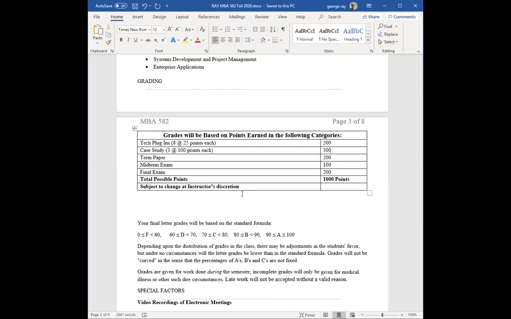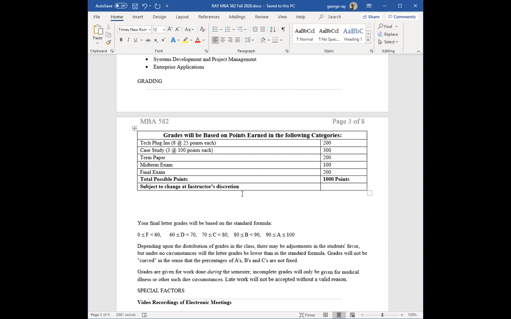With the case study category, we're going to analyze the same business throughout the semester and apply what we've learned from the succeeding lectures to the case study as we go along. There's going to be 3 case studies, each one worth 100 points. And so that'll be 300 points of your total.